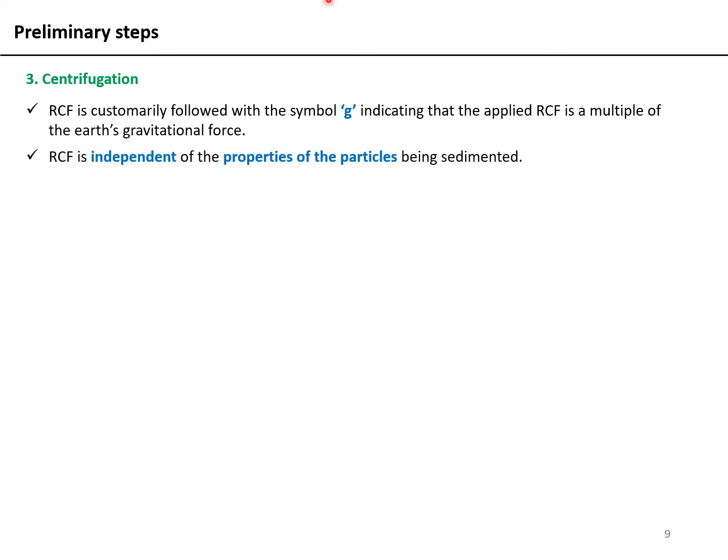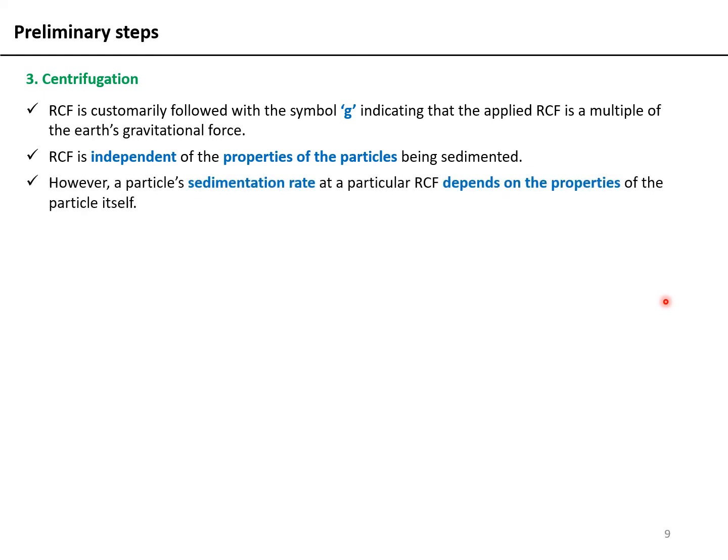Now, RCF is independent of the properties of the particles being sedimented. Therefore, you can set the speed in RCF, because if it was dependent on the properties of the particle, you couldn't have a uniform RCF that you're setting on the centrifuge, the machine.